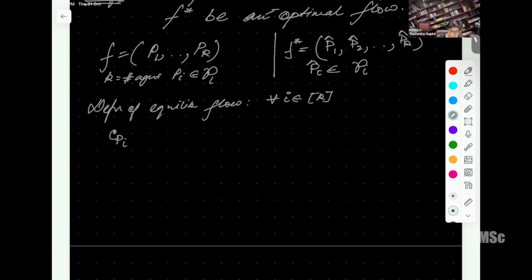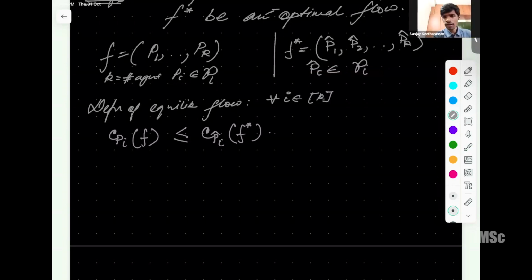So this agent chooses PI, and the cost of this is less than the cost he incurs under F star. We defined it as just one person changing the path. You're right.